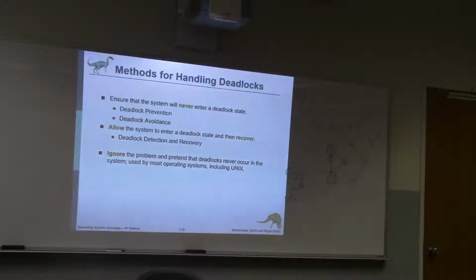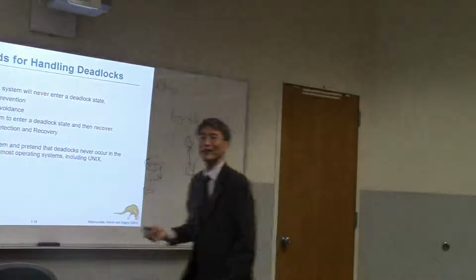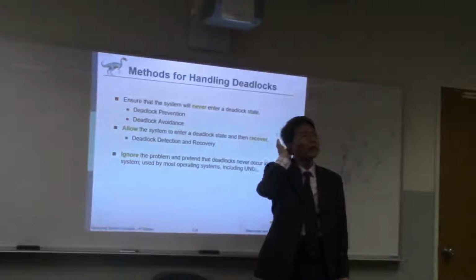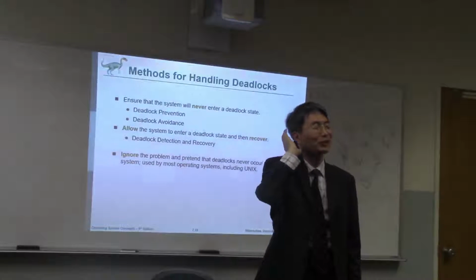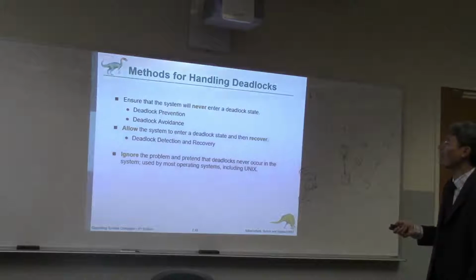So what is the difference between prevention and avoidance? For me, as a person who learned English as a second language, there's not much difference. Prevention, anyway, is a negative word, right? Prevention and avoidance. Every time, even I confuse them. So which one is which? Please be careful to follow.